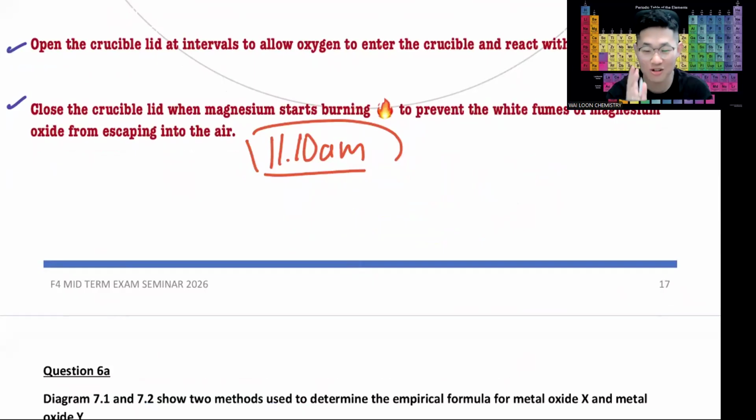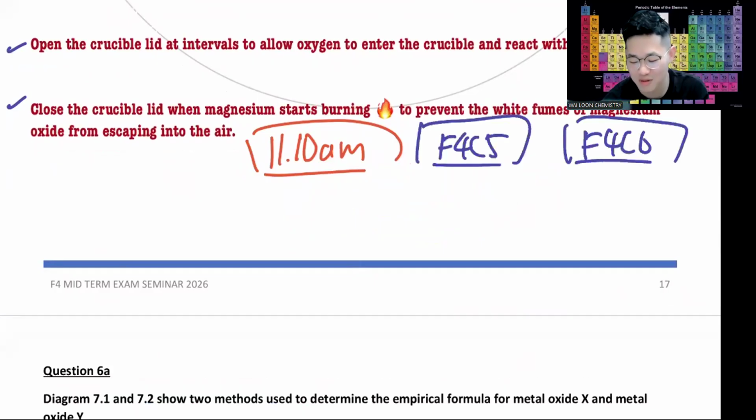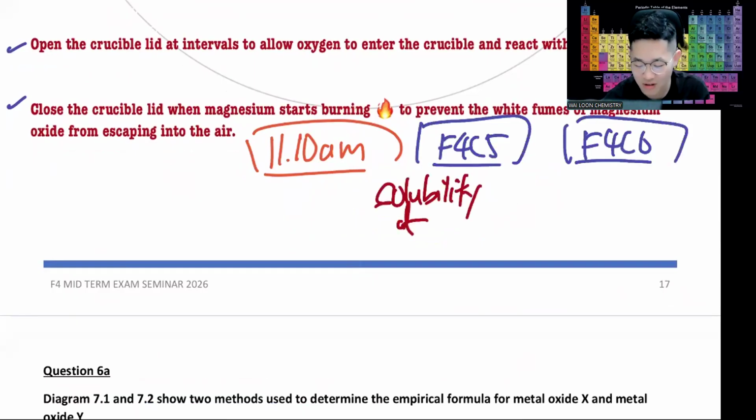If your school teacher told you that the practical assessment is coming out from chapter 5 to 6, usually from chapter 4 to chapter 6, they give one very simple experiment for you all to do. One is called solubility of compounds.